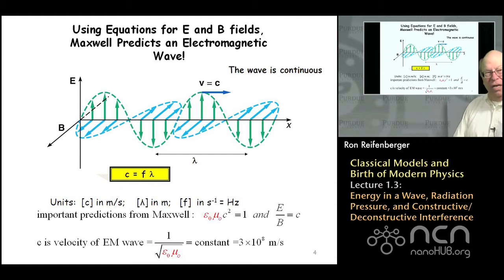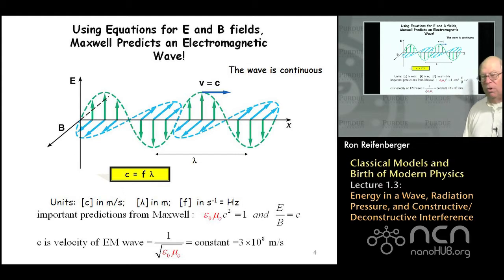And that's fixed, it's constant, because it's determined by these two constants here, right? So the speed here is not variable. It can't be adjusted in free space.